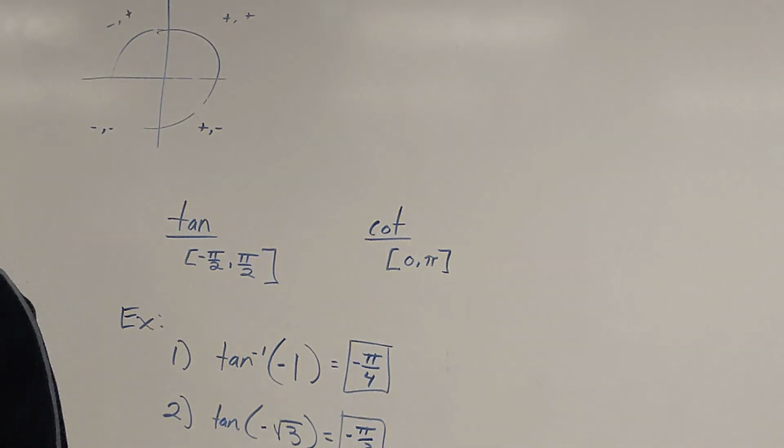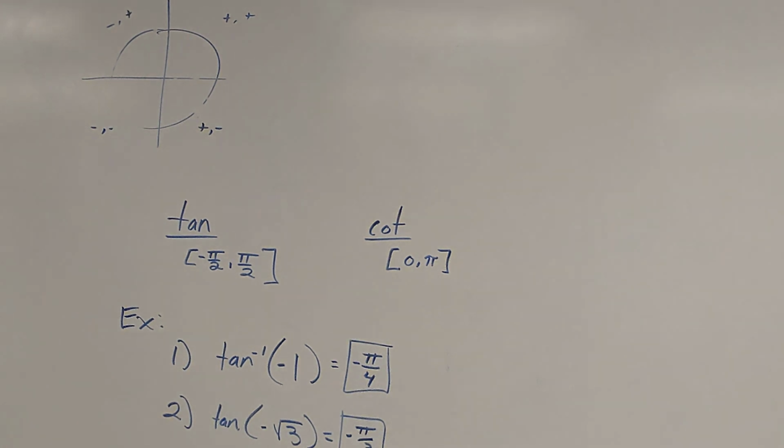Let's do one more here before we move on. I'm out of room here, so I'm going to have you go through this one. What would tangent inverse of 0 be? Where would y divided by x be 0? Pi or pi over 2?